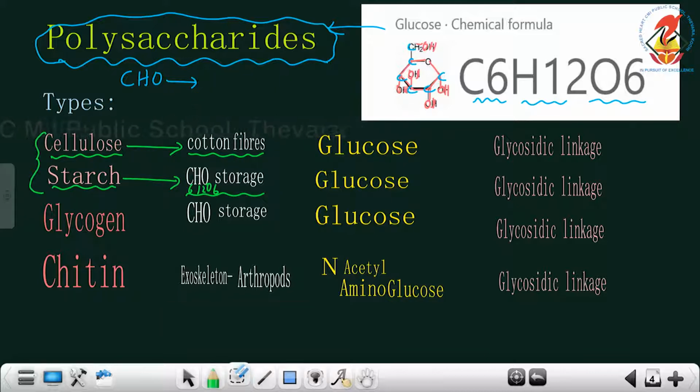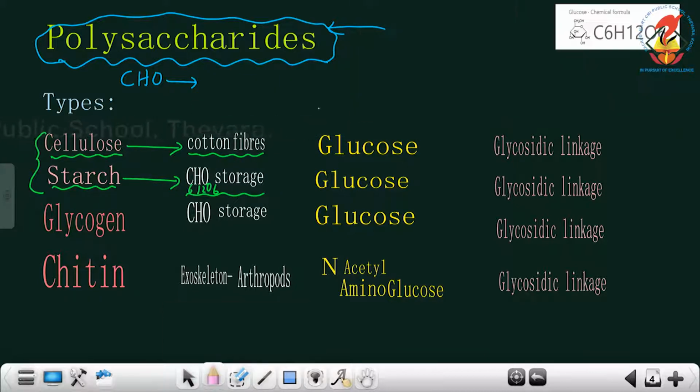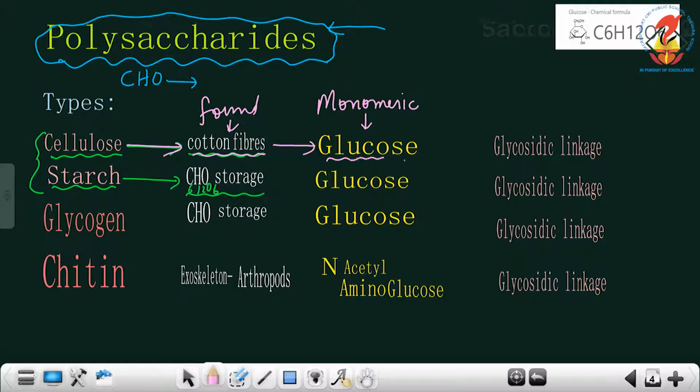And the next parameter deals with the monomeric unit. You all know the monomeric unit is simple glucose. So analyzing cellulose, it is found in cotton fibers, and the monomeric unit is glucose, and the glucose units are linked by the glycosidic linkage, to specify, beta-1,4 glycosidic linkage. So that is all about cellulose.